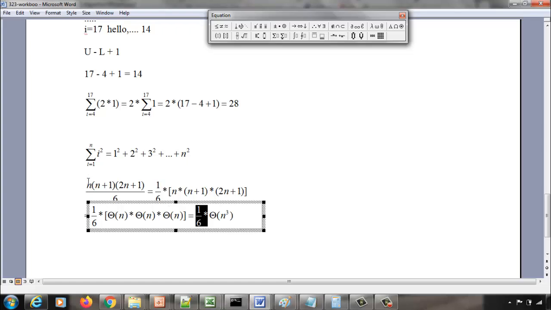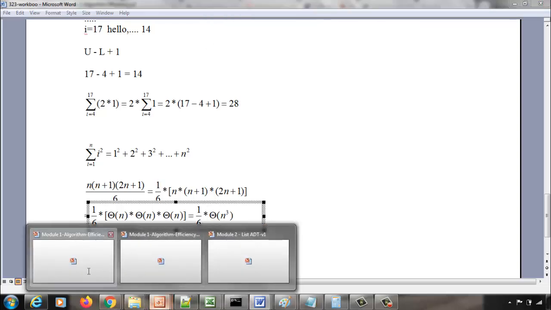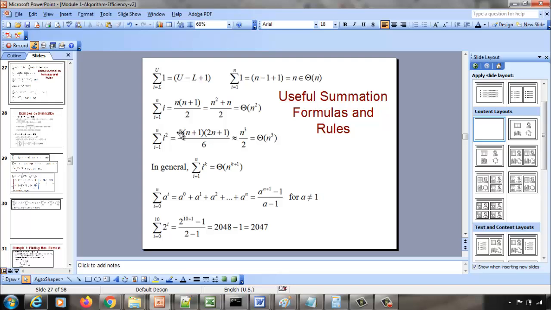Okay, so any question on this? Just like you can do it that way, or you can even discard the lower order terms here. So if you discard the lower order terms in each case, this is n plus 1, so discard this 1, so it's simply n. 2n plus 1, discard the lower order term 1, and then the coefficient.